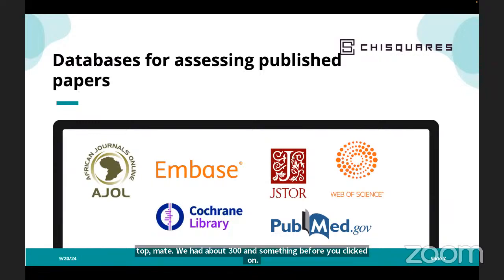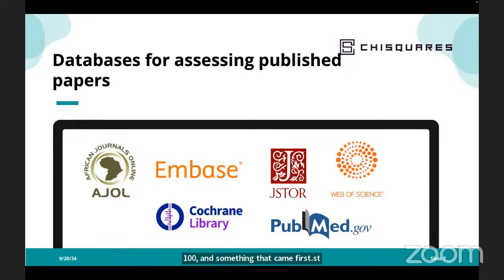So those 300 and something that came first, if you want to document using the Prisma flow chart, where do we start? And also, if you are using only PubMed and you have done 3 or 4 searches under the same one, how do you put all of them together to get a narrow paper like 5 or 6 that will qualify for your study?